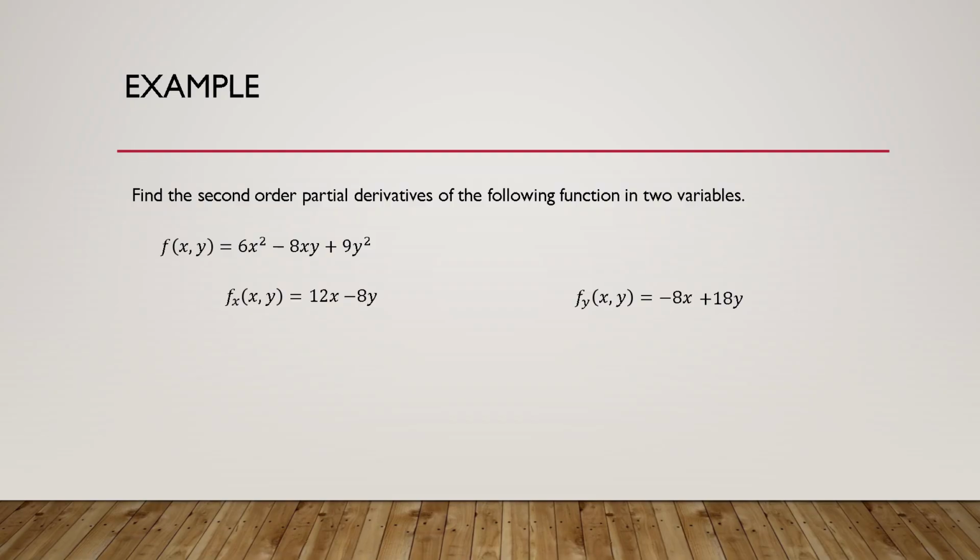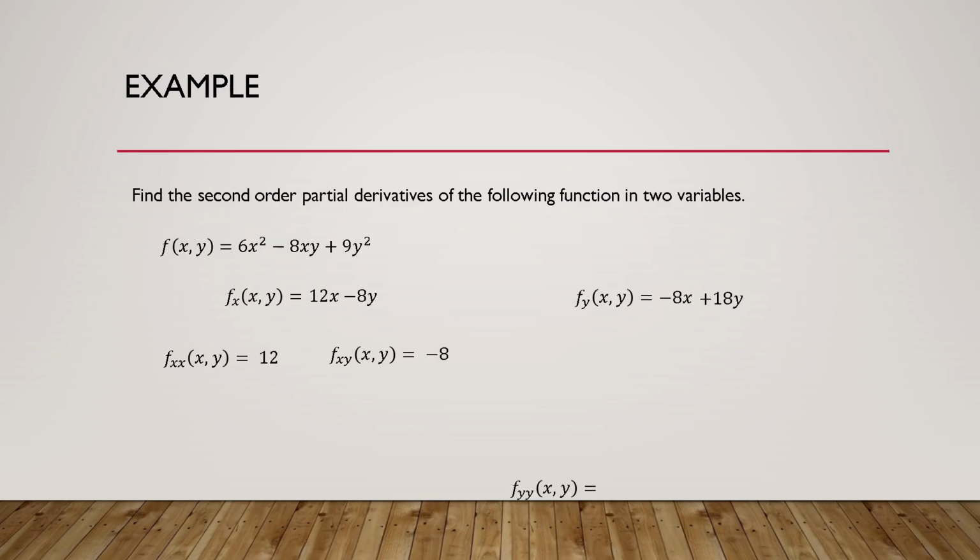For the second partial derivative of f with respect to xx, we start with the first partial derivative with respect to x and consider the y terms to be a constant. The derivative of 12x is 12. The derivative of negative 8y is 0. For the second partial derivative with respect to xy, we start with the partial derivative with respect to x and consider the x terms to be constants, giving us negative 8.